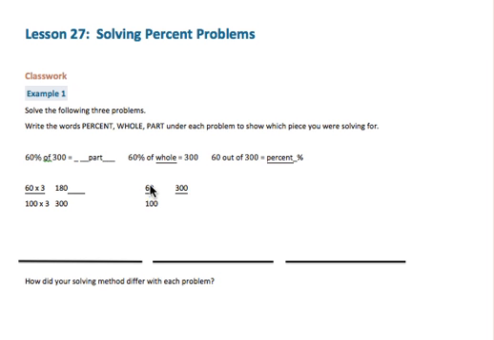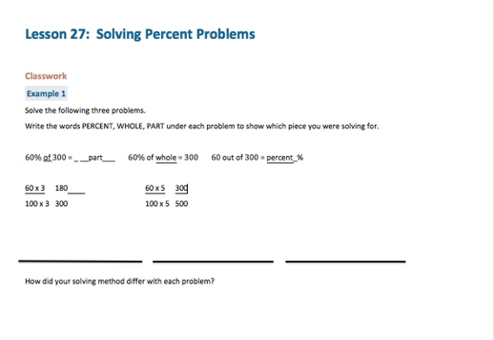Having set that up, we can see 60 over 100 is equal to 300, our part, over some missing number. Looking at 60 and 300, we can see that 60 times 5 equals 300. So we will multiply our denominator also by 5 and find that the whole is 500.